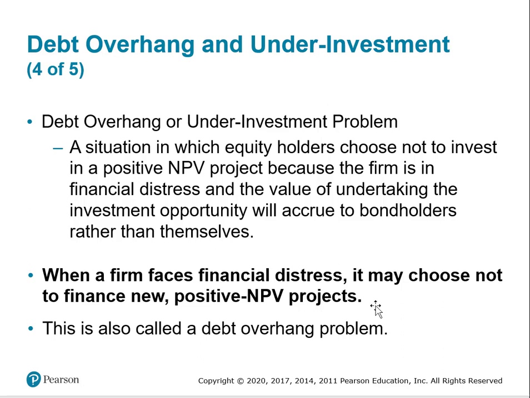And the value of undertaking the investment is going to go to the bondholders rather than to the shareholders. And this is what they refer to as the debt overhang problem. When a company faces financial distress, it may choose not to finance new positive net present value projects.